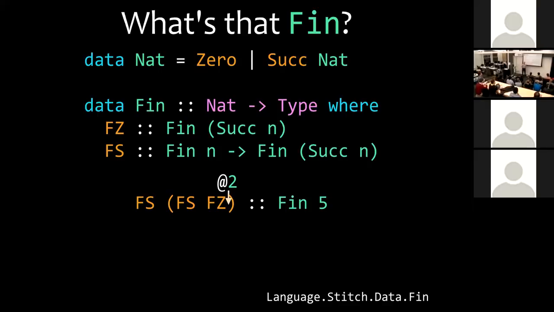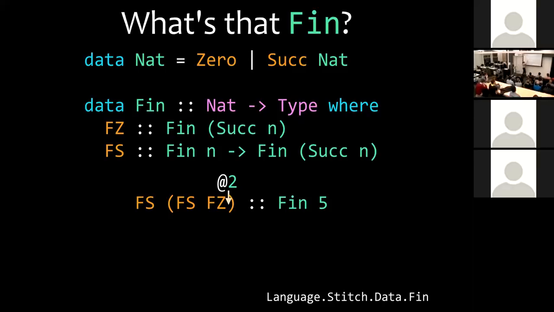Type inference can figure out what that n should be. In this case, it's the number 2, because if this n is 2, then this Fz has type Fin 3, Fs of Fz has type Fin 4, and Fs of Fs of Fz has type Fin 5, exactly as I wanted.